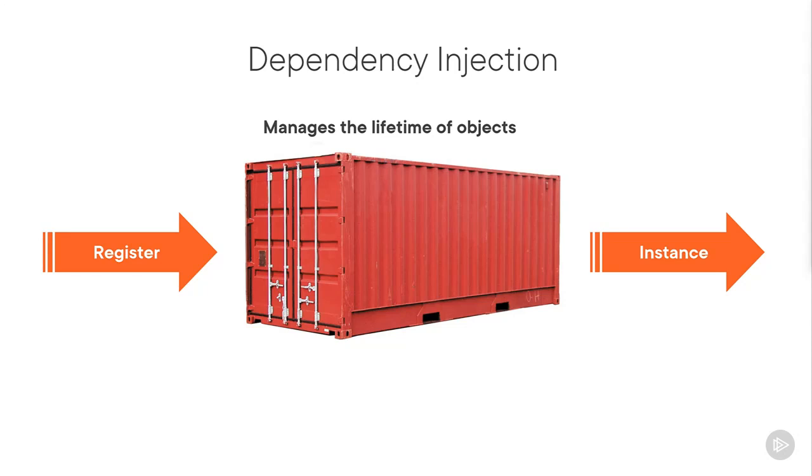The container is a central place in which types can be registered. Each instance of the type will have a lifetime, which is determined at registration time. Once the registration is done, we can ask for an object instance anywhere in the application. The object will be automatically instantiated when we first ask for it.